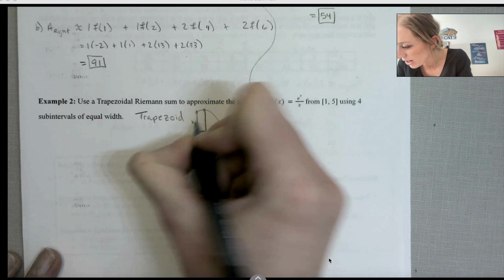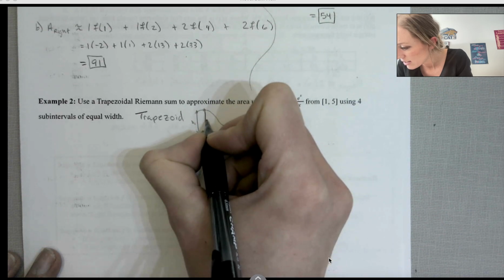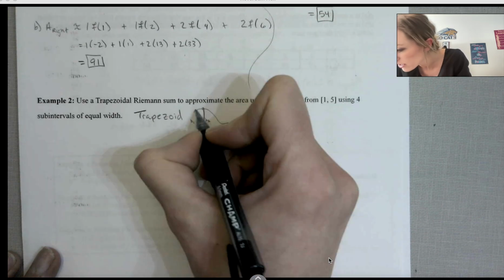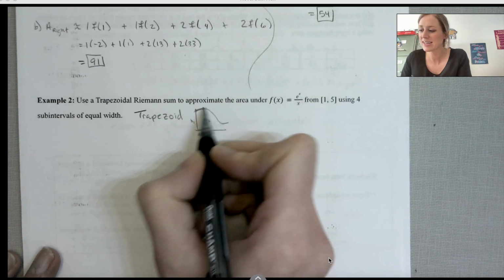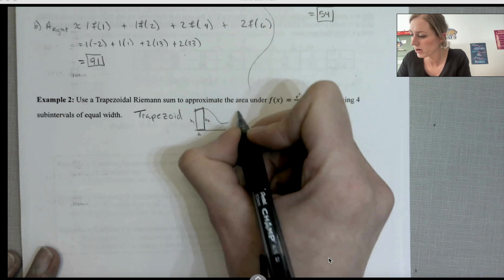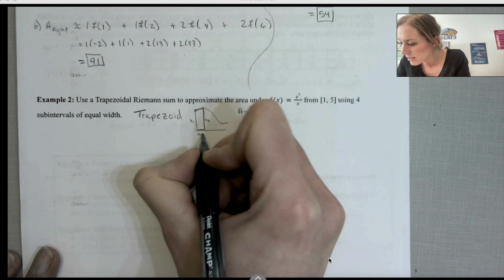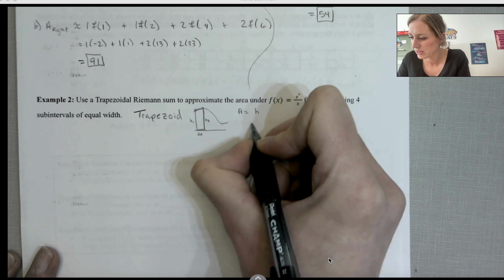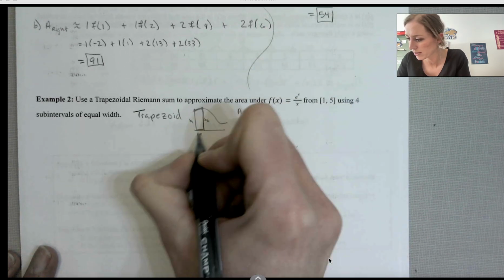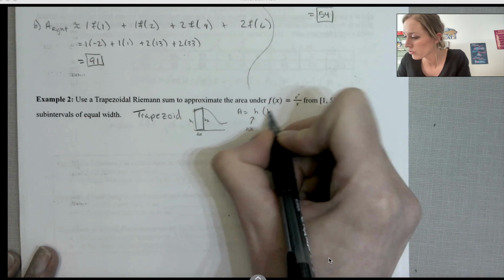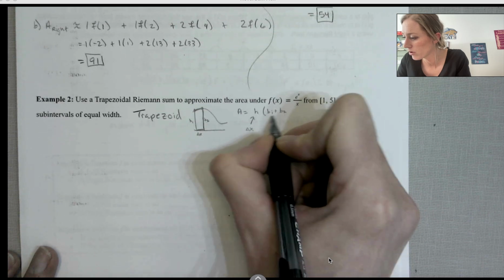In my trapezoid area, we call those base 1 and base 2. These bases are parallel to each other. And that connection right there, I don't need to know. Delta x is the height of the trapezoid. So our area is equal to the height, which for us is delta x of our trapezoid, that's how far apart our bases are, times base 1 plus base 2 over 2.